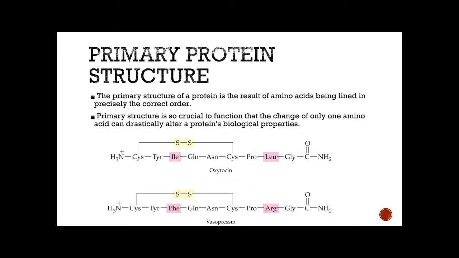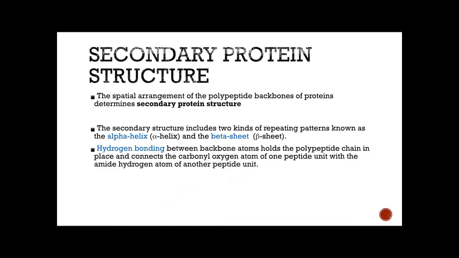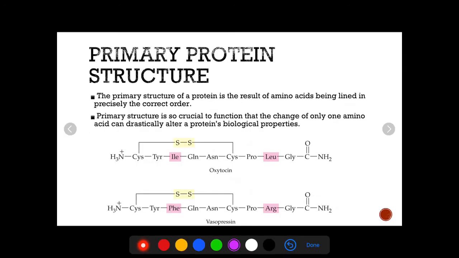So the structure of the protein is determined by the amino acids being in the correct order. This primary structure is so important that changing just one amino acid can drastically alter its biological properties. To see this, look at this example here. We have oxytocin here, and we have vasopressin down here.